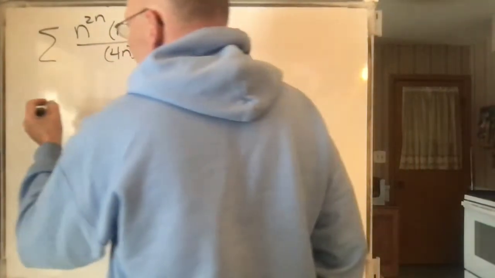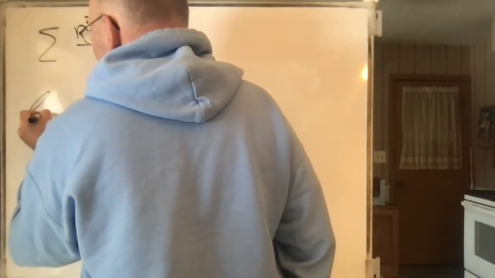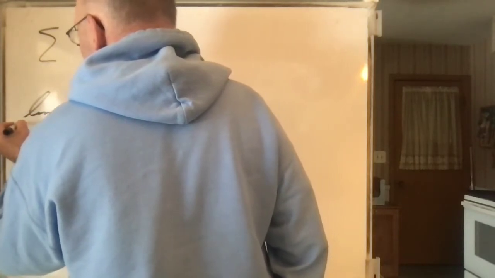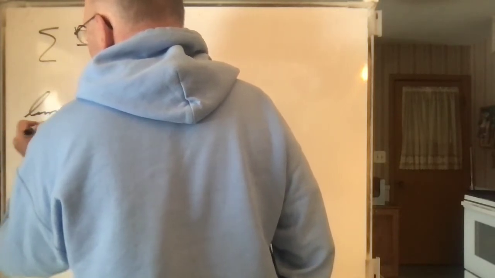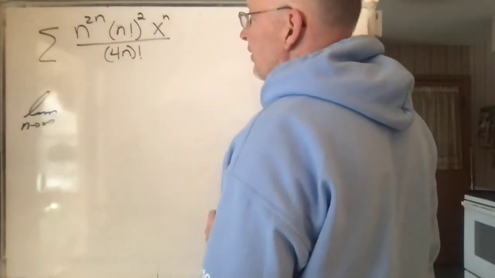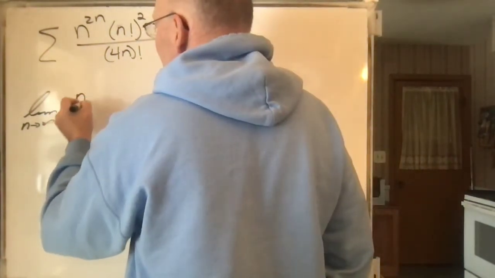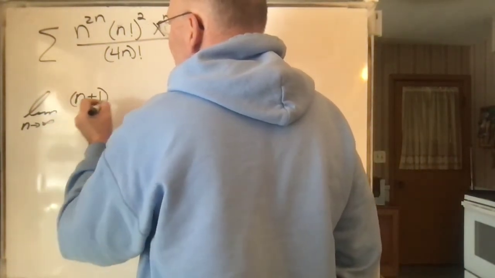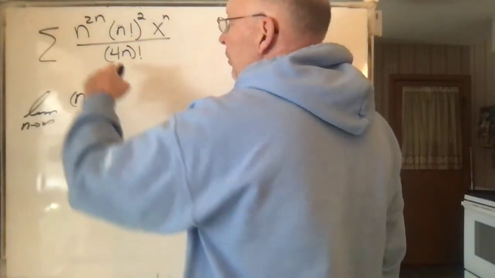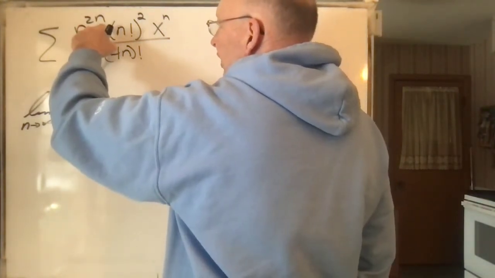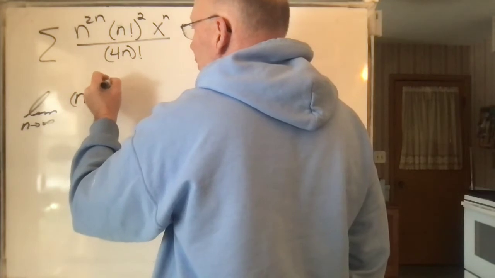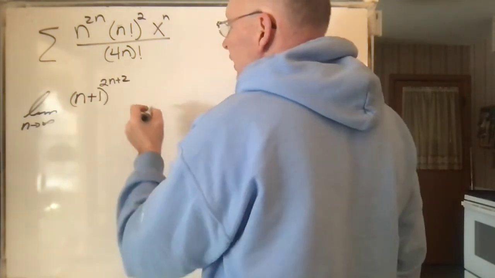So as I say, I like these things because it's just like cleaning fish. You get rid of all the unnecessary, unwanted parts, and you see what's left. So here we go. You've got to be careful. Every place you see an n, you've got to put n plus 1. So let me do a couple things in my head. When I put an n plus 1 in there, it's going to end up being a 2n plus 2. Agreed?